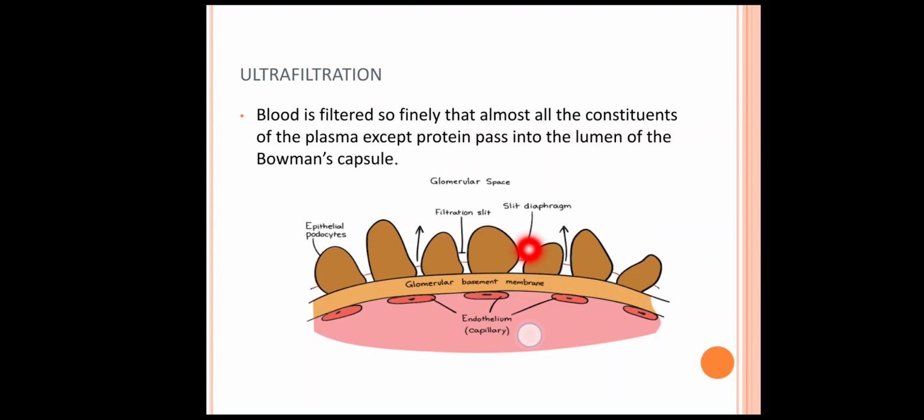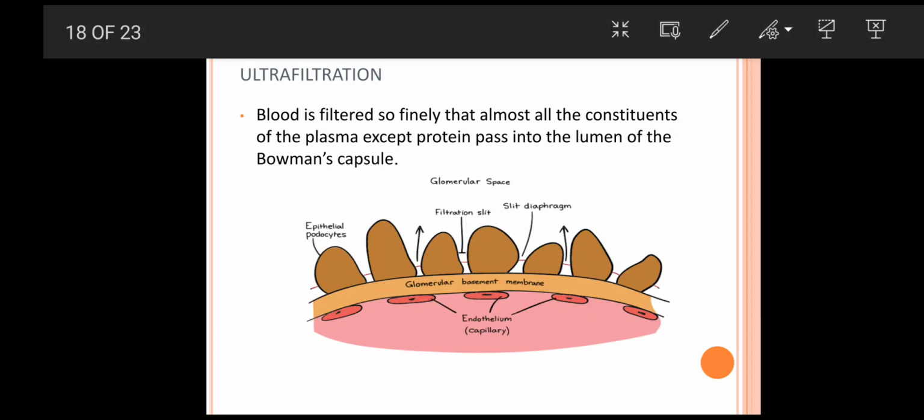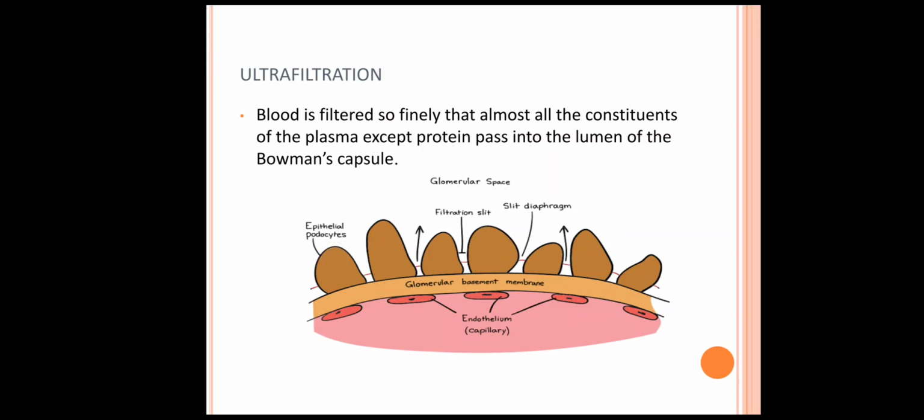Another is the epithelium of Bowman's capsule, and there is a basement membrane. The epithelial cells are arranged in such a manner that they form pores through which the blood can pass from one side to another, and it acts as a membrane for ultrafiltration.